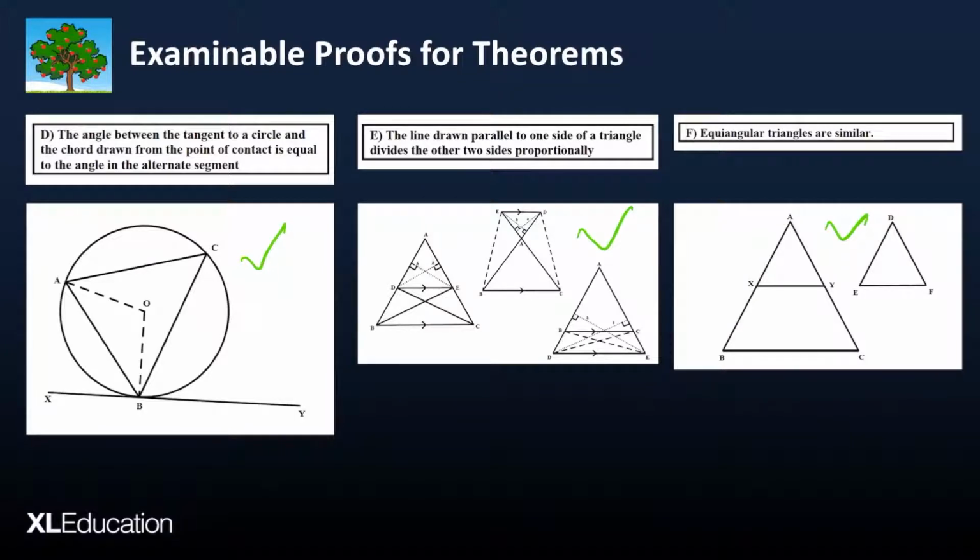They are 6. This makes up the 6 examinable proofs, and if you know how to prove these, you are guaranteed 5 to 6 marks in any paper 2 that comes. And if you practice every day, making sure that you practice a theorem, I promise you it will stick in your mind and you grab those marks easily.